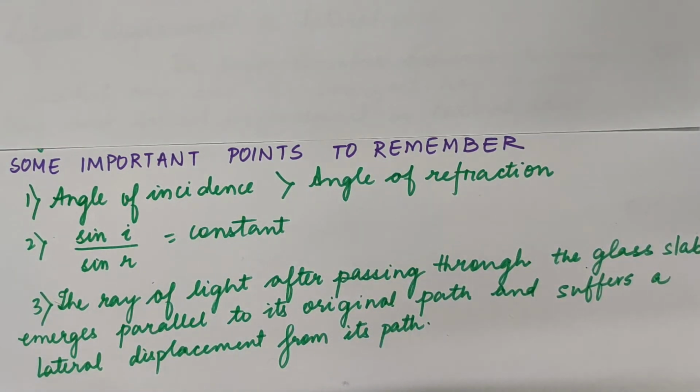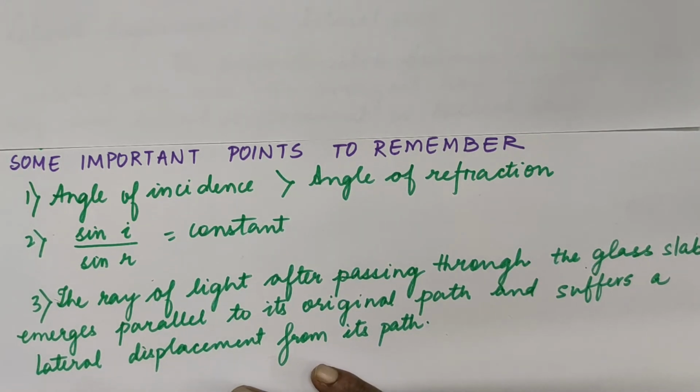The ray of light, after passing through the glass slab, emerges parallel to its original path, and it suffers a lateral displacement from its path, which we call the lateral shift. Do remember these points related to the refraction of light through the parallel sided glass slab.